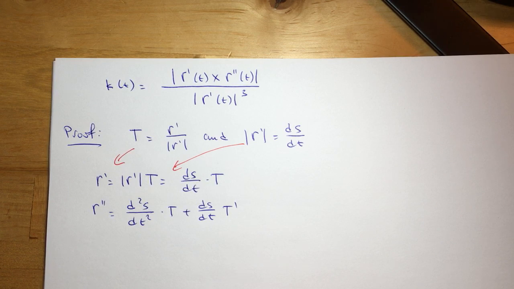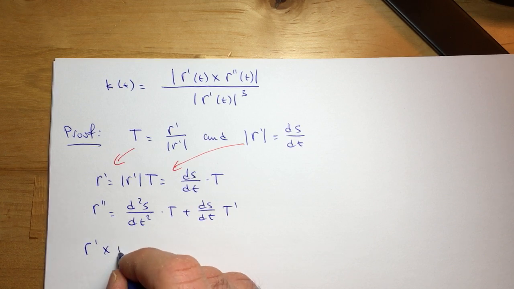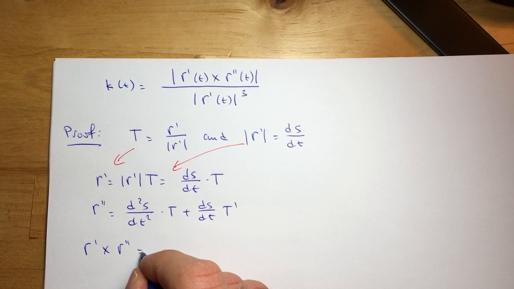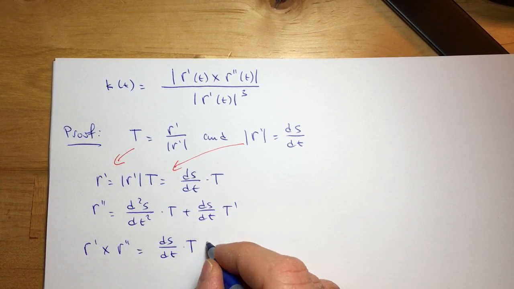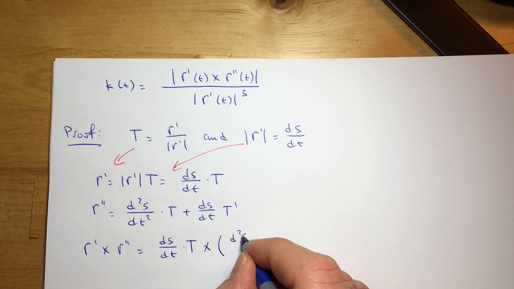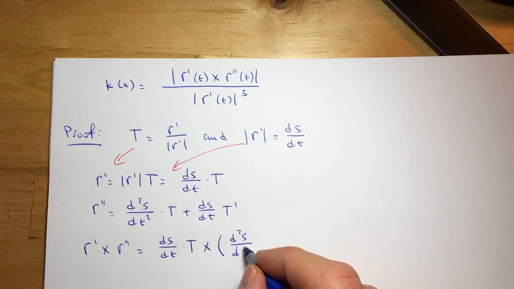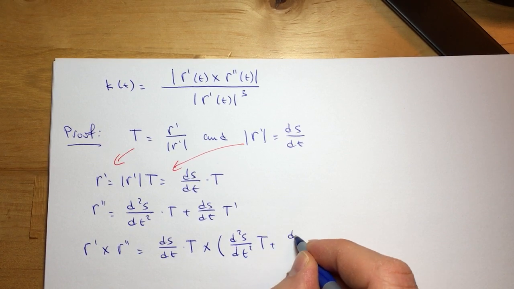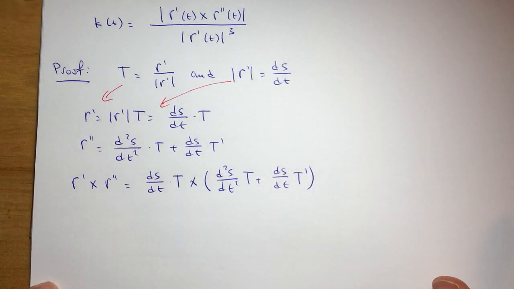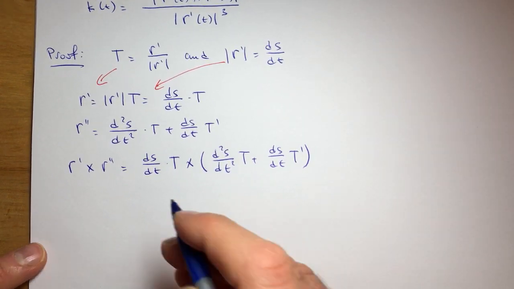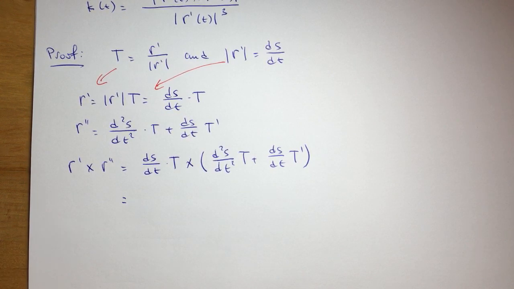Now if we do the cross product here, r prime cross r double prime will be equal to ds/dt times T cross the second derivative of s with respect to t times T plus ds/dt times T prime. We've talked about properties of the cross product.